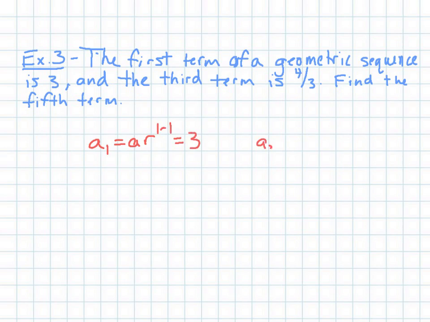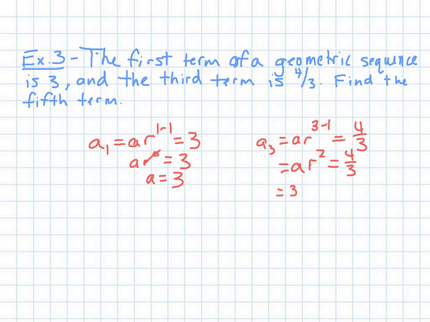For the third term, you have a times r to the 3 minus 1, and that's supposed to be 4/3. So here, 1 minus 1 is 0. Okay, so r to the 0 power is 1, so it just leaves you with a equal to 3. That helps you find what r is. So a times r squared is supposed to equal 4/3.